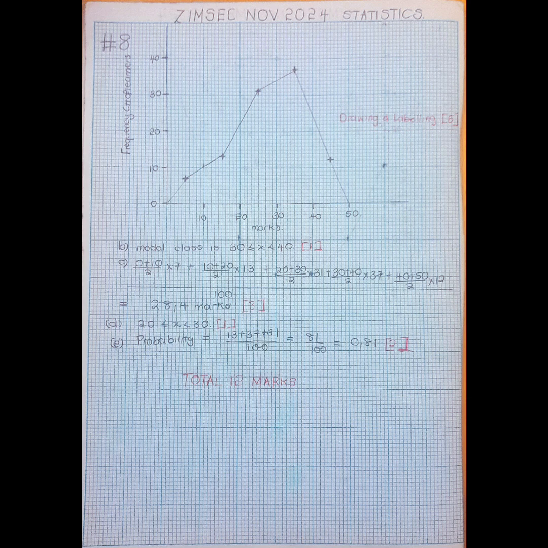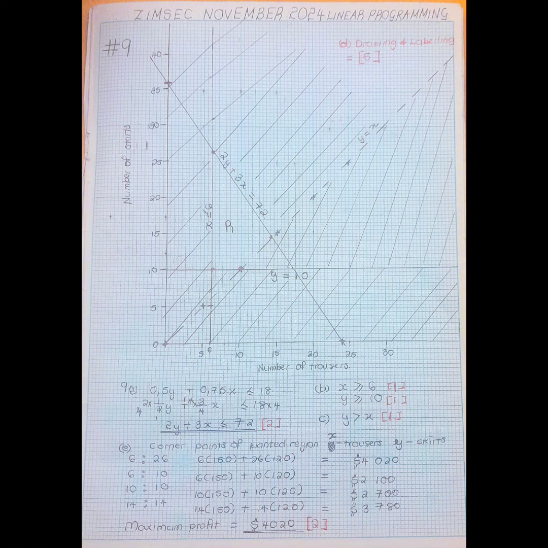Number 9 was a question on linear programming. The first part requires us to show that 2y plus 3x is less than or equal to 72. We are given that each skirt requires 0.5 meters. So we say 0.5 times y, because skirts are represented by y, and also 0.75 times x, which represents the trousers.